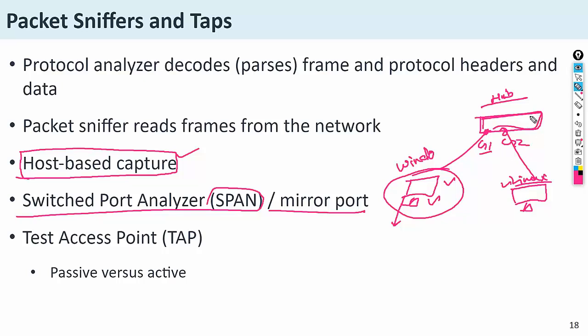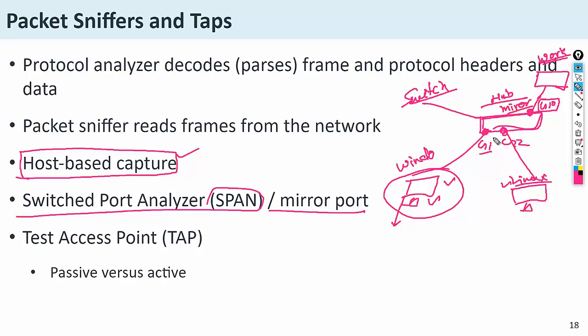Here is one more port, called gigabit 10, G10. Here is a workstation for the security analyst. So I will access the switch, make some configuration, and make the mirror port here.